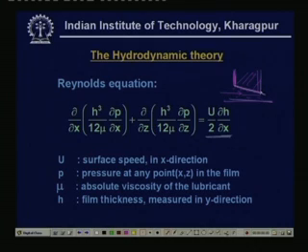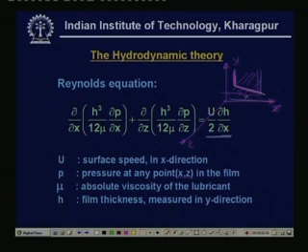Now, first we give the coordinate axes: this is x, y, and this comes out to be z. The bearing is very long in this z direction, and in this case the pressure variation is only in the x and z direction; it essentially remains the same in the y direction.